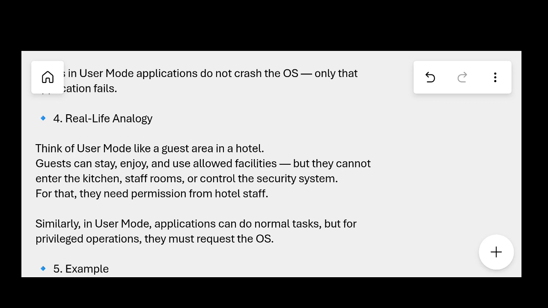Similarly in user mode, applications can do normal work, but for privileged operations they must request the operating system.